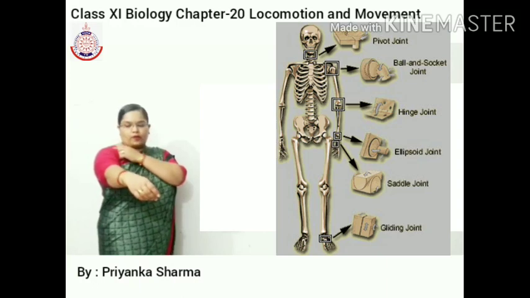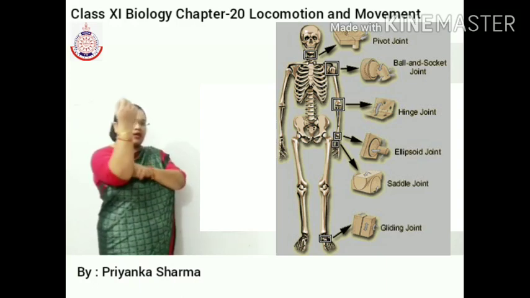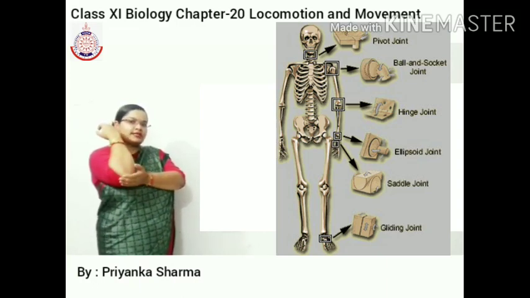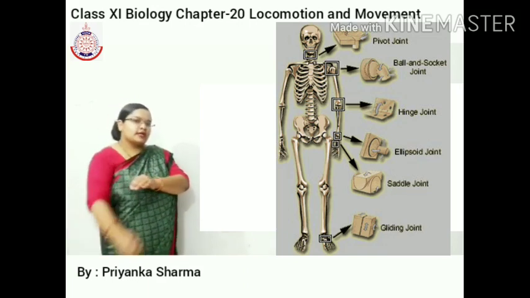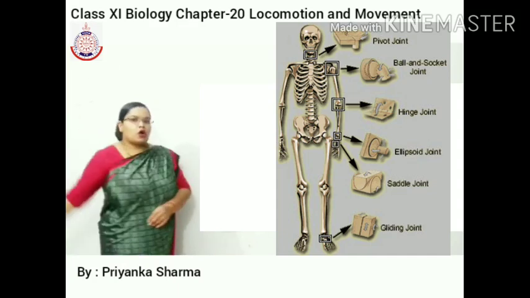Next, moving downwards in the arm, here in your elbow, which joint is present? Hinge joint. Similarly, in your knee also, the hinge joint is present and it allows movement in one plane. Whereas the ball and socket allows movement in all planes.